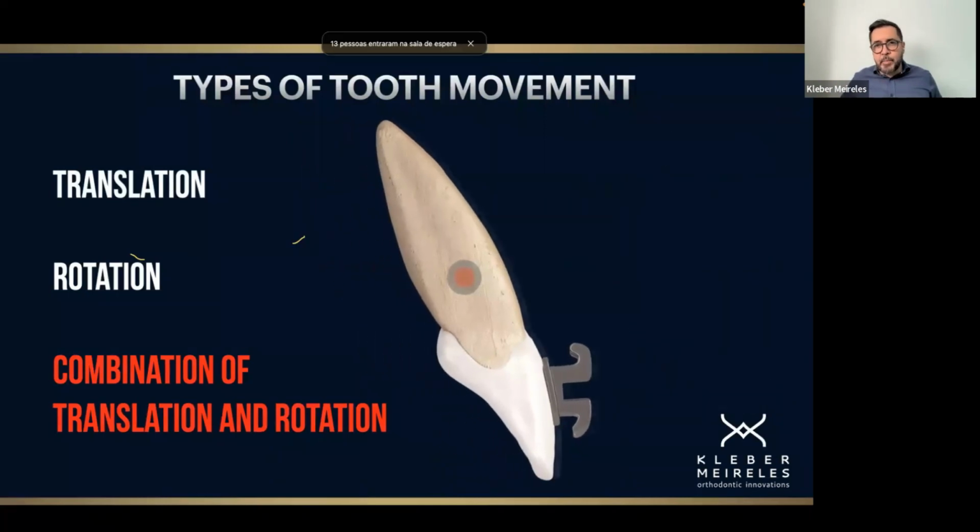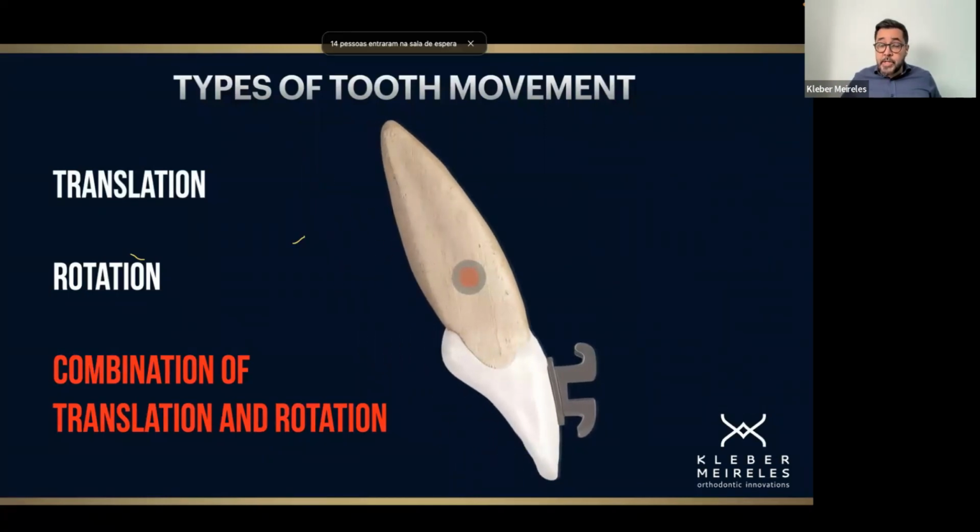The combination is more common. The combination between translation and rotation, those two movements, we're talking about rotation shortly. The pure rotation, we just have when we have a couple. So let's move to the other most common mechanics, most common movement, which is the combination between the translation and rotation.